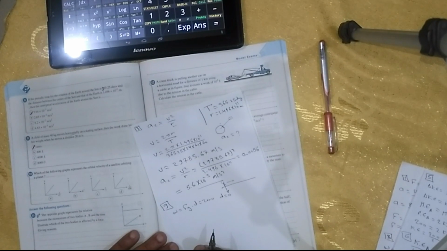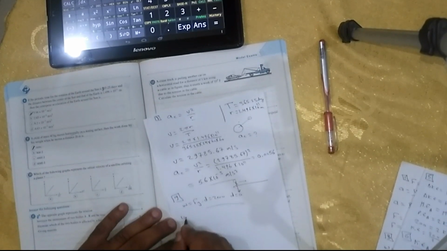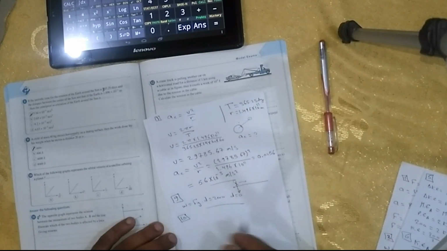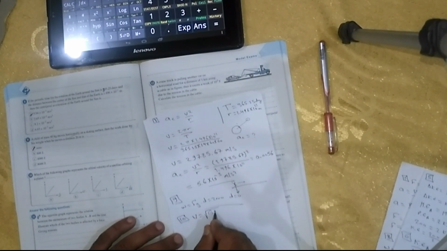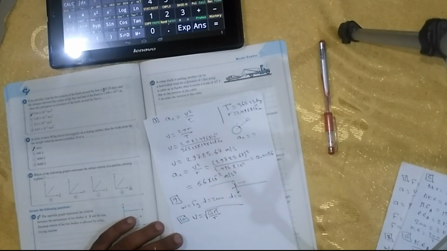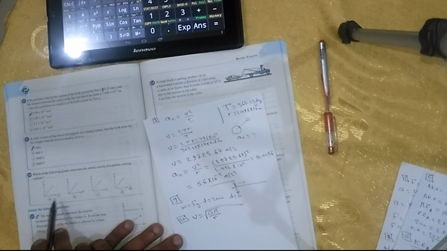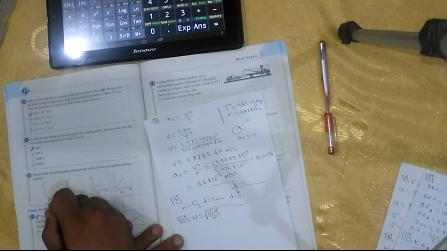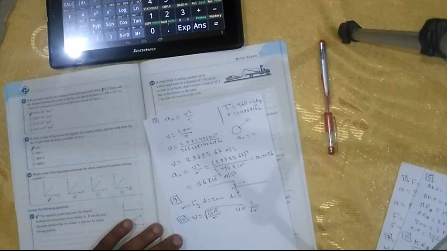Which of the following graphs represents the orbital velocity of a satellite orbiting a planet? Satellite orbits a planet: V equals square root of G M over R. Okay, the first one, V and 1 over square root R. It's true, V is inversely proportional to square root R. The second choice is wrong.